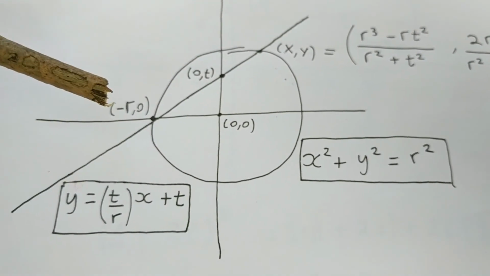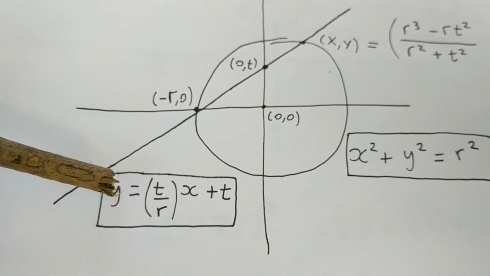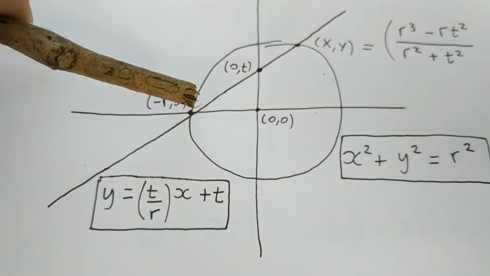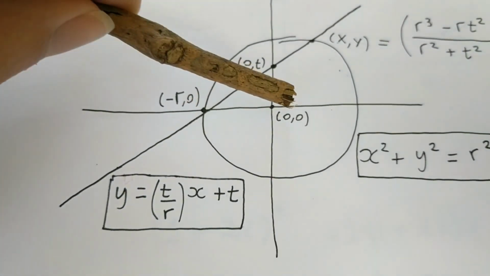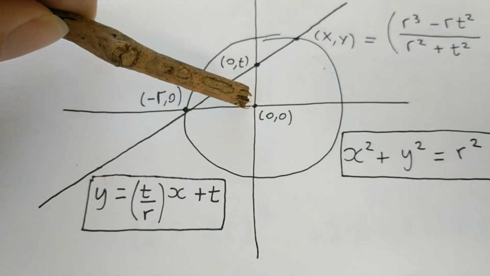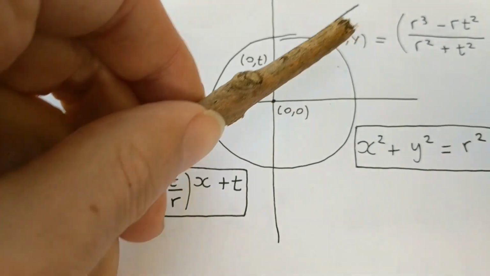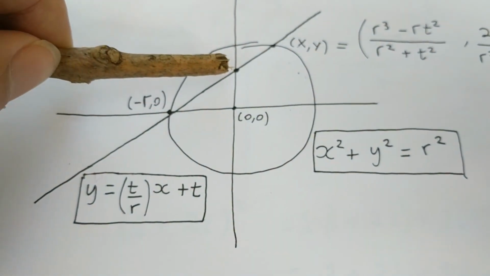So then we can determine the equation for this line. Its gradient is going to be t divided by r, because when you get r across, you go t up. And we can see that if we had a line with this gradient, we have to shift it up by t in order to make it go through this point.